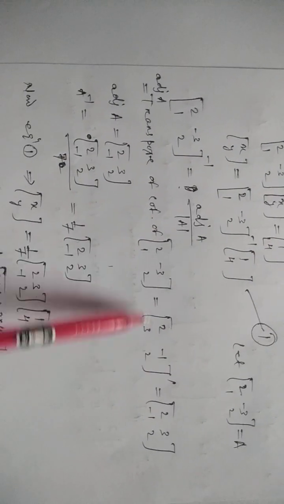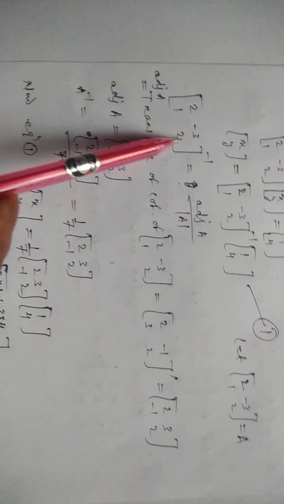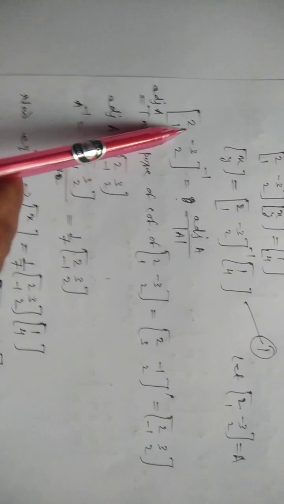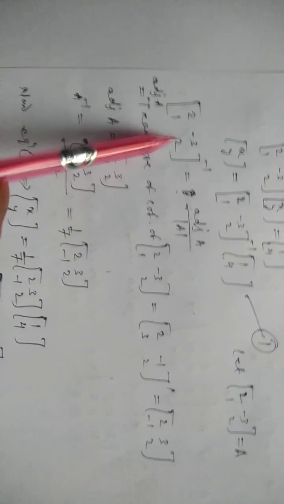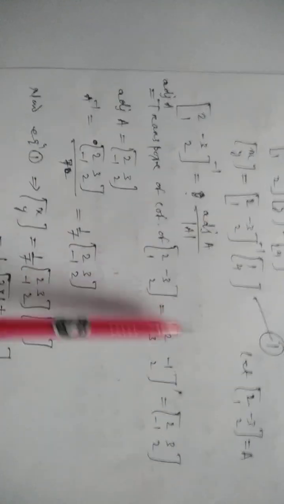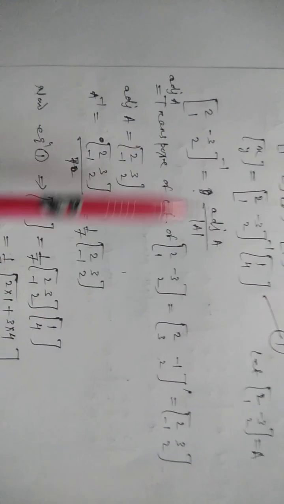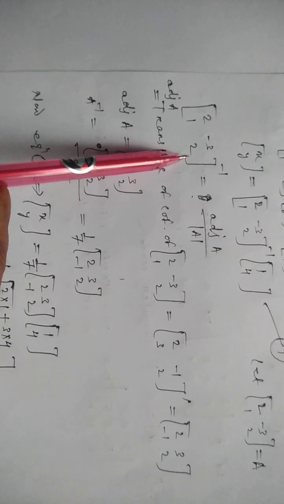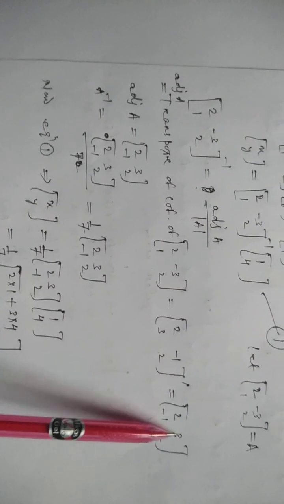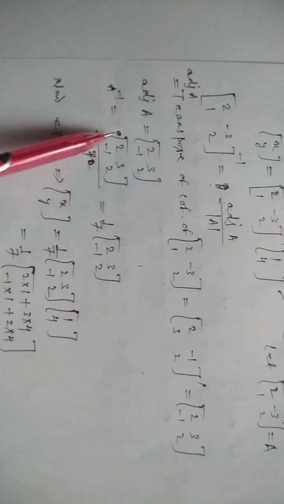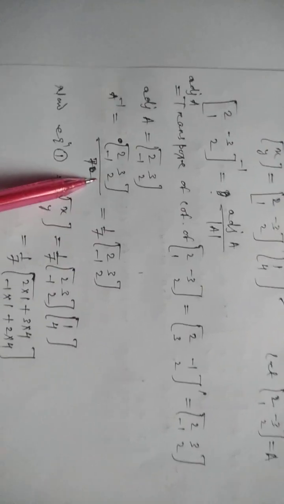So first cofactors of this: the cofactor of 2 is 2, minus 3 is minus 1, 1 is 3, cofactor of 2 is 2. Then transpose means just reverse, row to column and column to row, that means this. So adjoint is calculated.